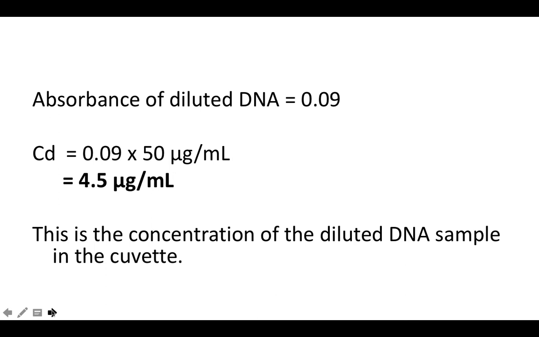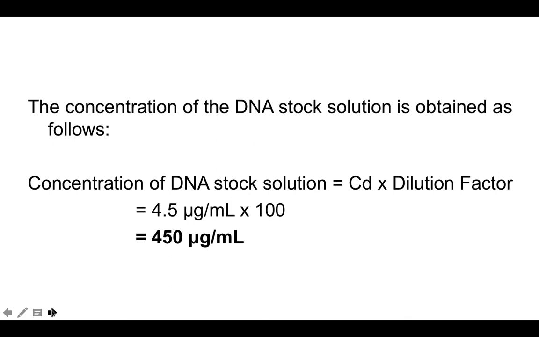Okay, so is this the exact concentration that we are looking for? For the diluted DNA sample, it is. But since the question is framed as the sample being diluted, we expect that there is a stock solution. The concentration of the DNA in the stock solution will be obtained further.